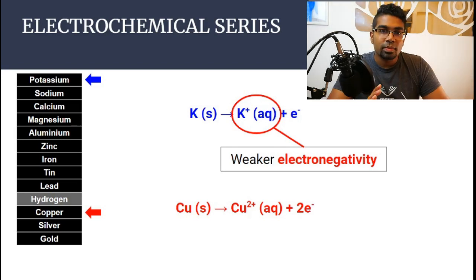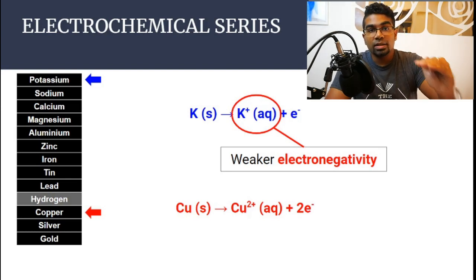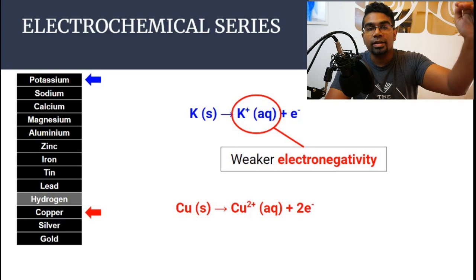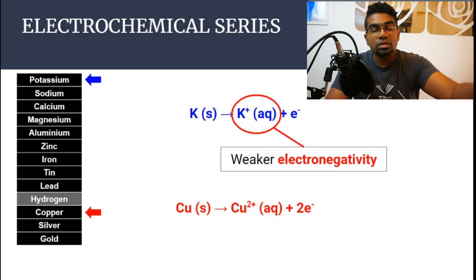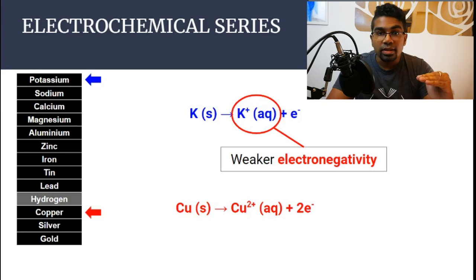Now, this is the concept that is used when we are looking at the decomposition of ions in electrolysis. So the metals that are at the bottom of the electrochemical series will be chosen rather than those that are higher up. The reason for this is because the decomposition happens to the ions of the metal, not the metal itself.